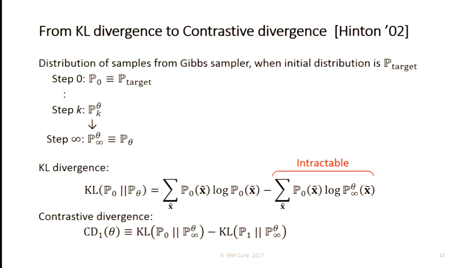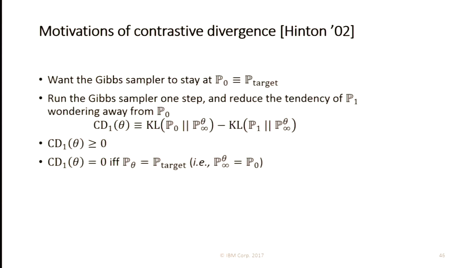So the new objective function is contrastive divergence, CD, and this is the KL divergence from the model distribution to the target distribution minus the KL divergence to the distribution of the first sample from the Gibbs sampler. The motivation of this contrastive divergence is this: when the model distribution is close to your target distribution, you expect that the Gibbs sampler doesn't change the distribution over iterations.